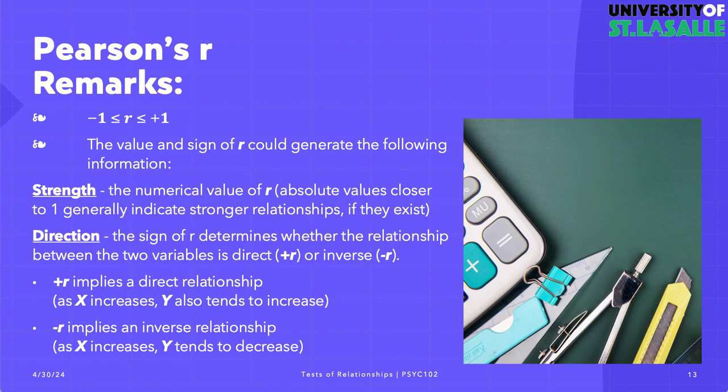So as x increases, y tends to decrease, and vice versa. If x decreases, y tends to increase. So what I can say with this R value is that it's a powerful measure because, given a single value, you can determine two pieces of information regarding your set of data, which makes it one of the most useful statistical tools there is.